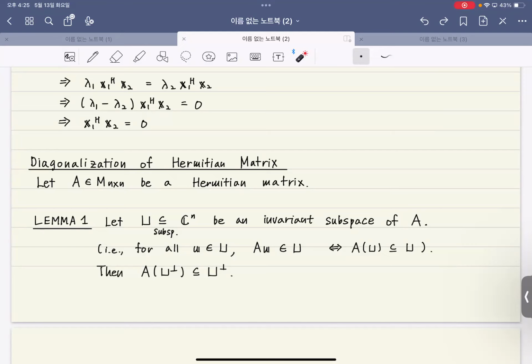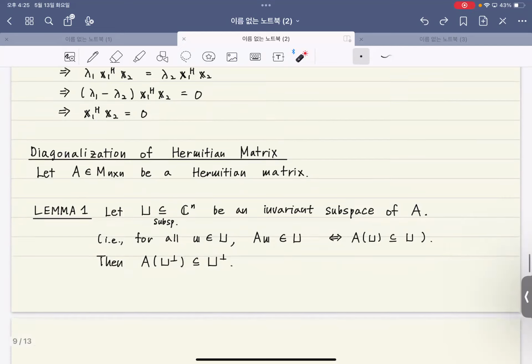But if A does not allow diagonalization, then the Jordan form should be some complicated combination of Jordan blocks. But the conclusion of this section is, if your matrix is Hermitian, then your matrix always allows a diagonalization. Isn't that amazing? So this is what I'm trying to prove here.